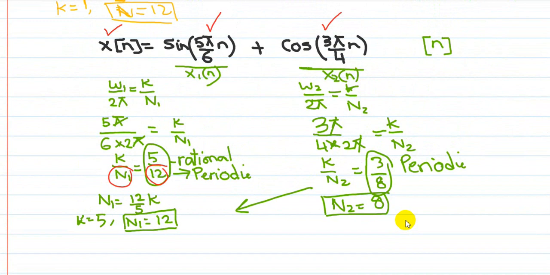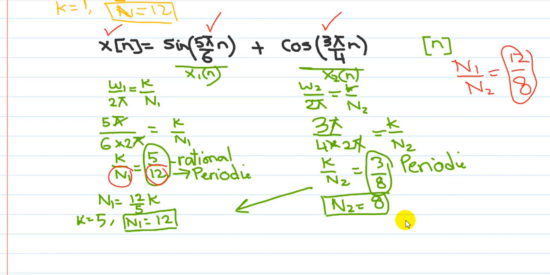But if you want to check it, we can use the same approach: n1 divided by n2, and we can find the ratio. If this is a rational number, it will make the signal periodic. So we get 12 divided by 8, and if we divide by 4, it will be equal to 3 by 2, which is rational.